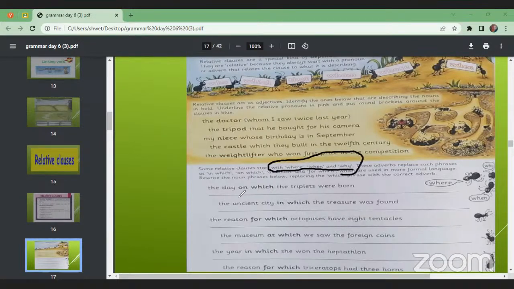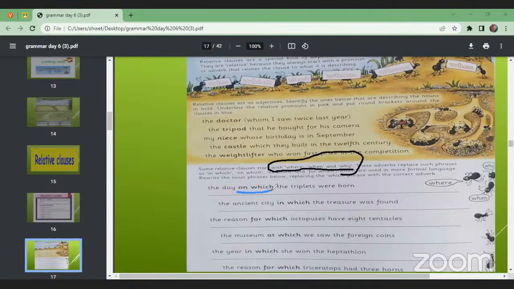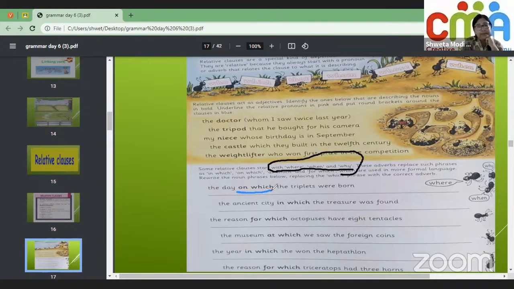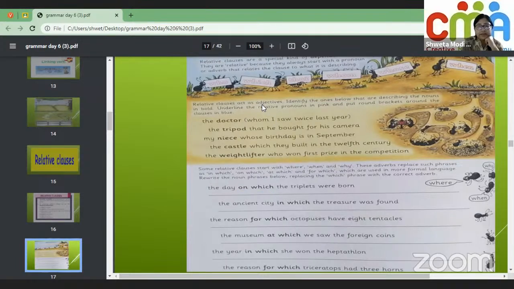Like here, the day on which. So on which is telling about the action. And tell me which part of speech talks about the action? Adverb.